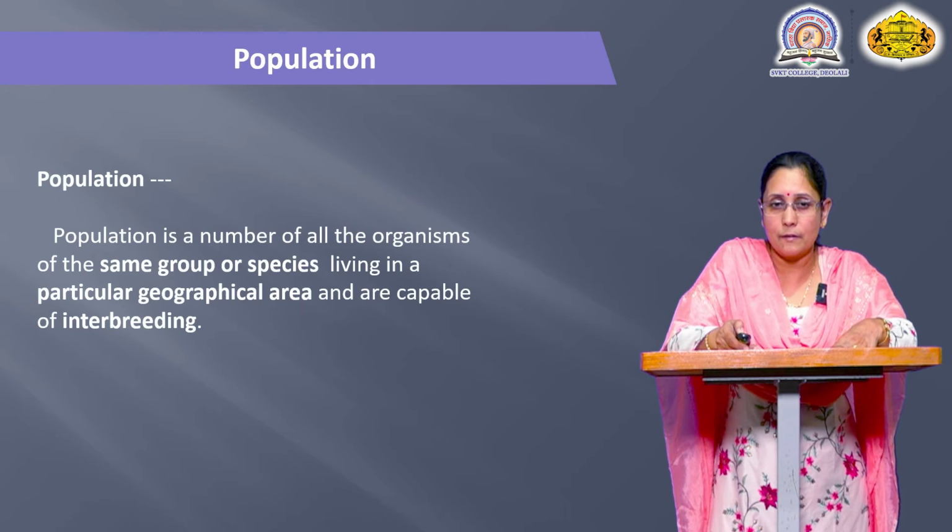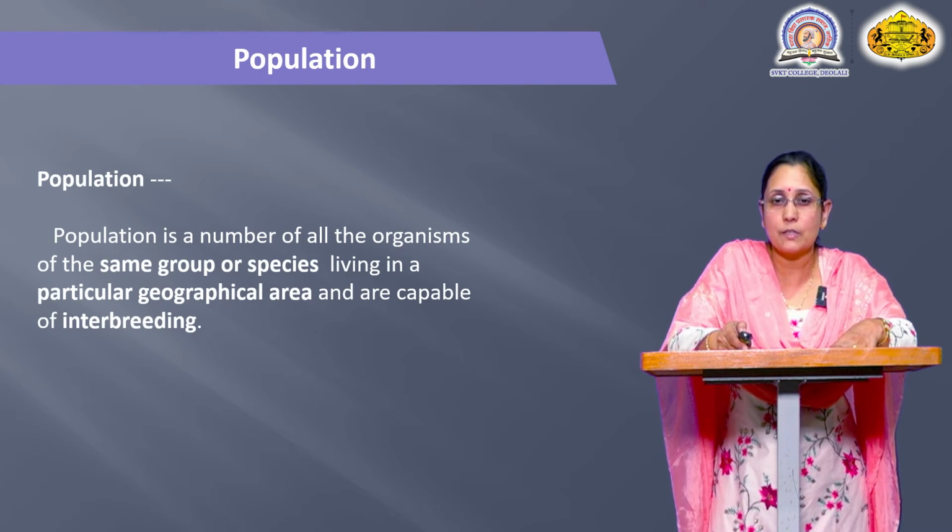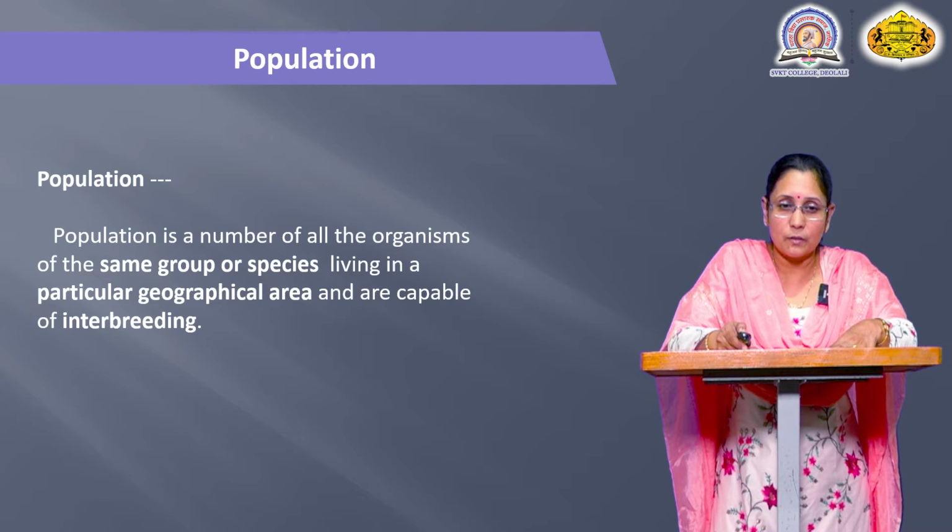So this is the difference between these two similar terms which are actually different from each other, ecology and environmental science. The next term included in this first chapter is population. What is population? Many times this is a very familiar word, human population; you might have heard it so many times. So how can we define population?